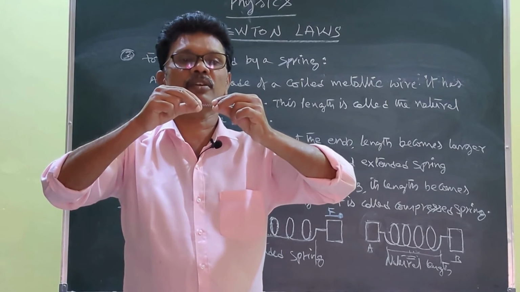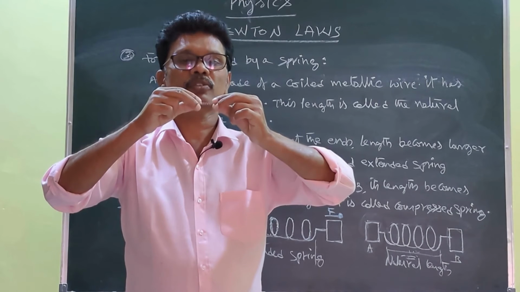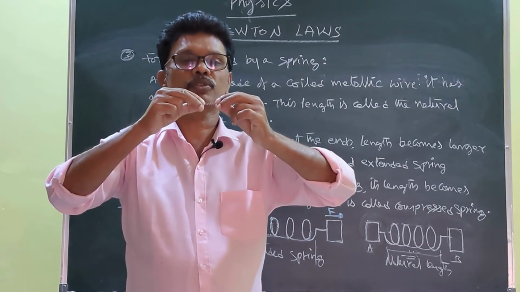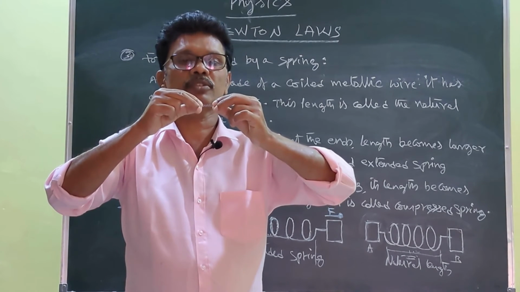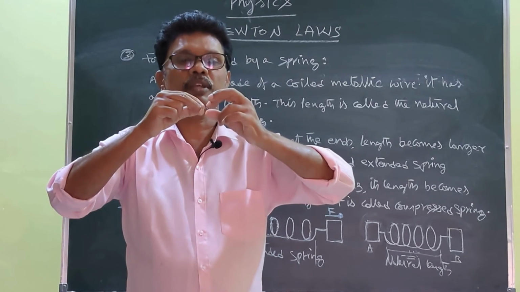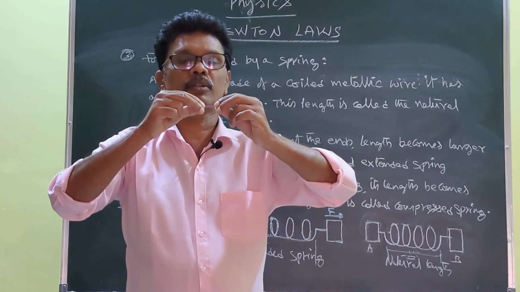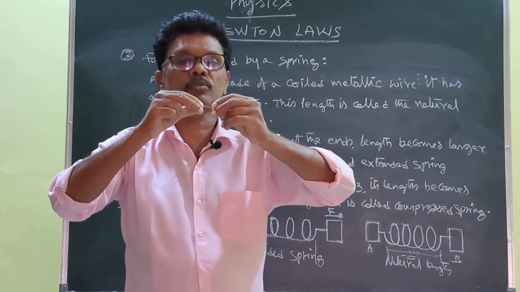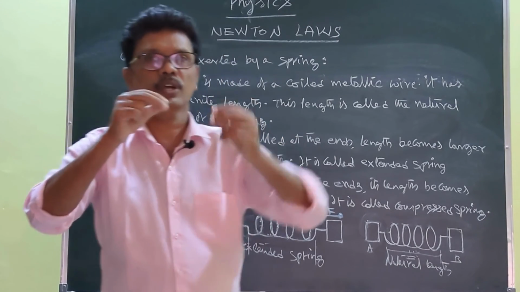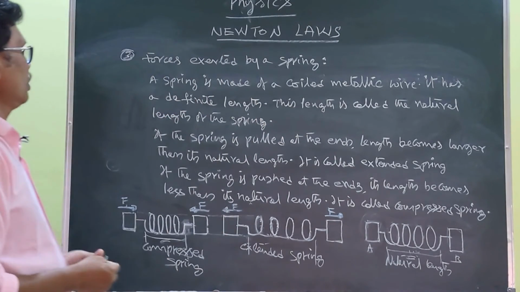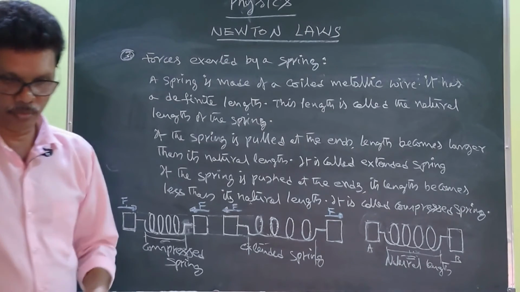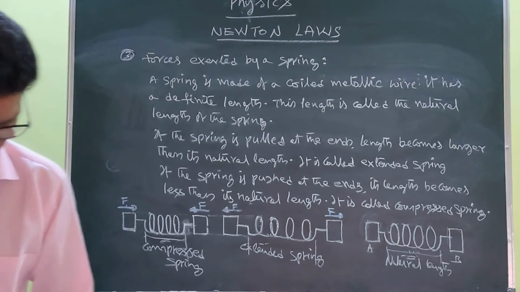This is called an extended spring. Suppose the force is pushed like this, the length is decreased. The rings close one to one, so the length is decreased. So this is the force exerted by the spring.